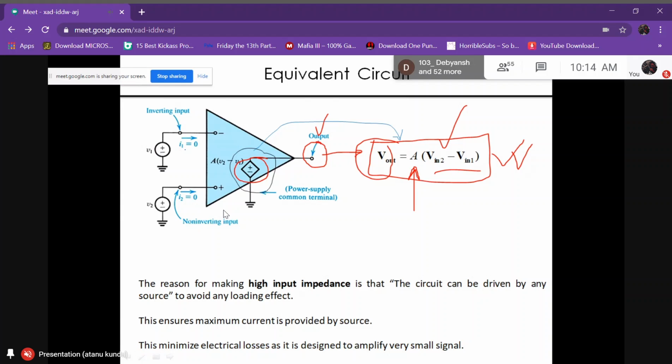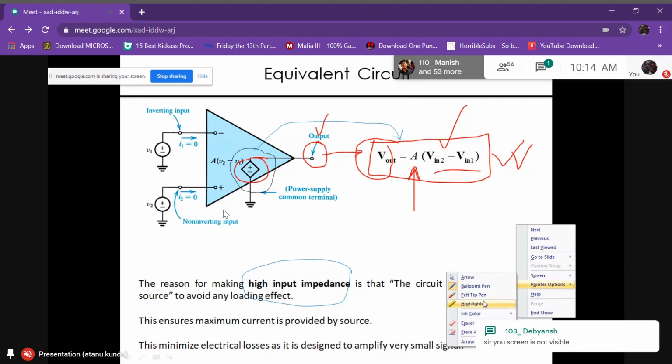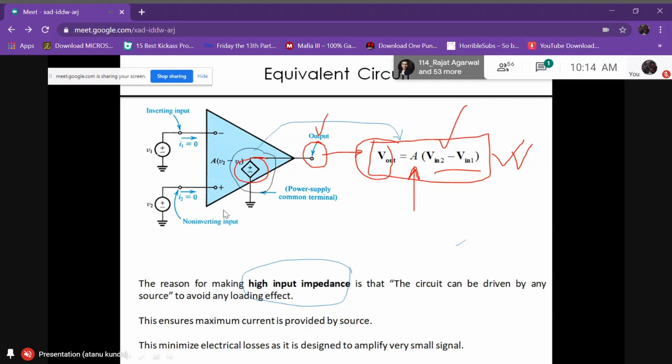And one more thing: whenever we design the op-amp, we have to make the op-amp input impedance very high. Why? Because the op-amp is designed to amplify signals whose amplitude is very small, with a very small voltage level and current level.